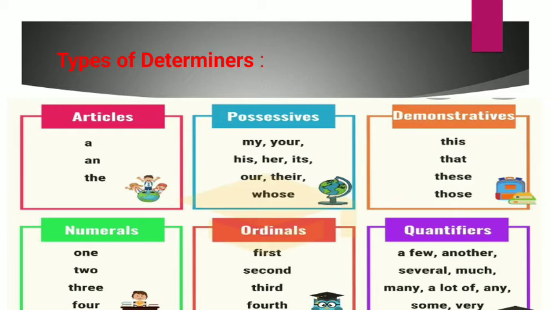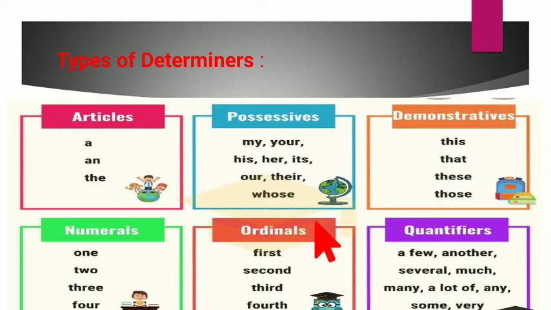When we look at the numerals, 1, 2, 3, 4, these numerals are also a type of determiner. Then coming to the ordinals, that is first, second, third, fourth.